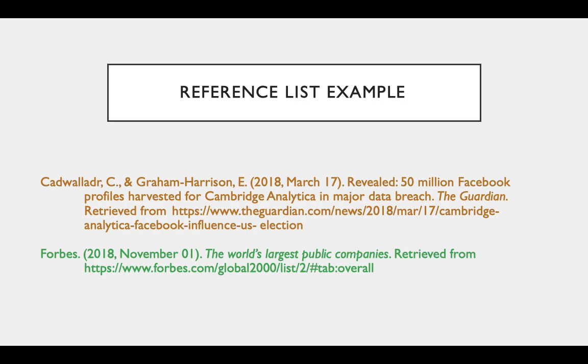I don't think you're going to use any references from physical books. So in this video, we're just going to keep it simple, and we're going to look at how to reference from a newspaper article and how to reference from a web page or website.